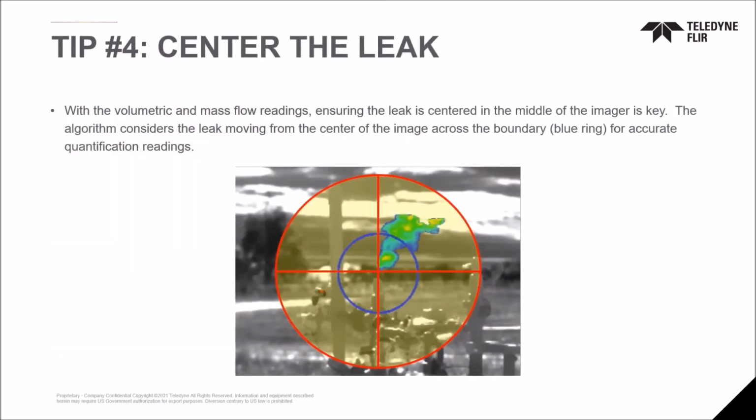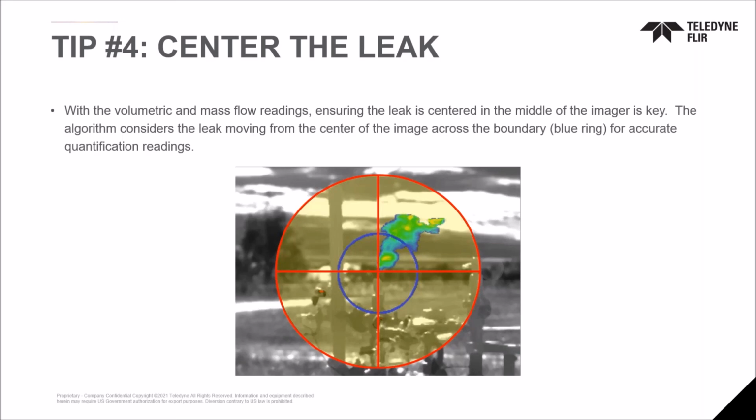When you're using the mass and volume, I showed you the video that didn't work very well, with an unsteady, non-tripod use of the camera, where the actual vent was off center.